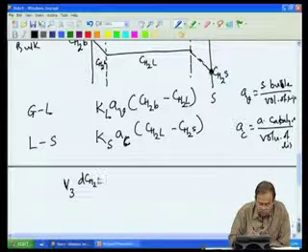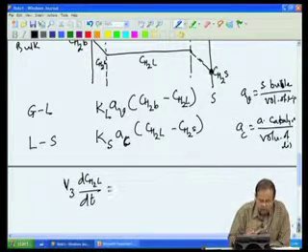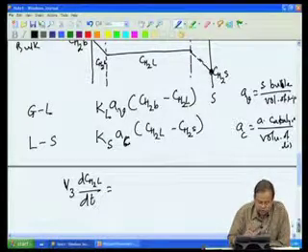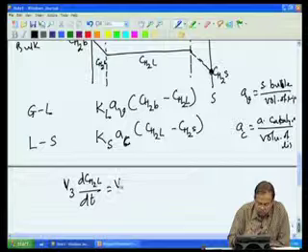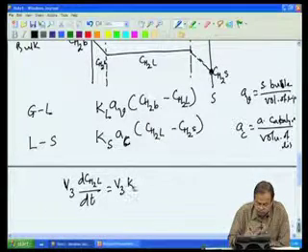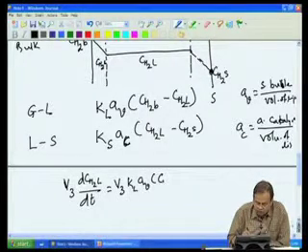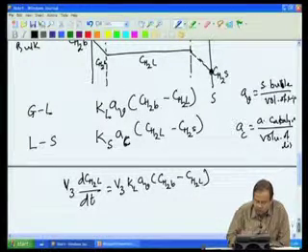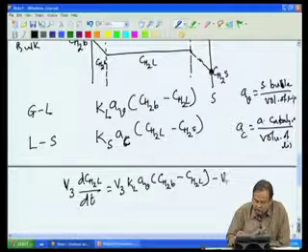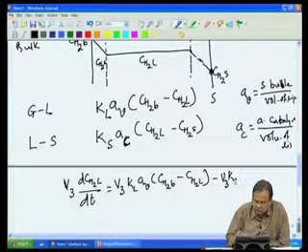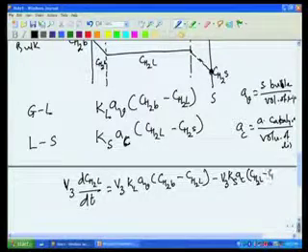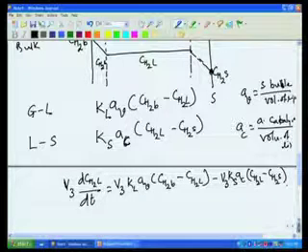The rate of change of CH2L, dCH2L/dt, must be the rate at which hydrogen is coming from the gas phase to the liquid, minus the rate at which it is going from the liquid to the surface of the catalyst.